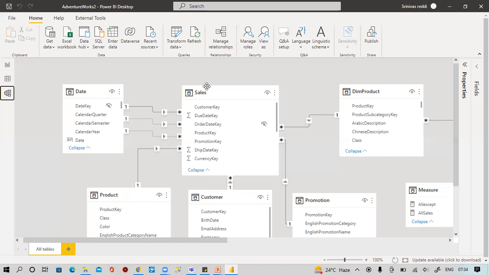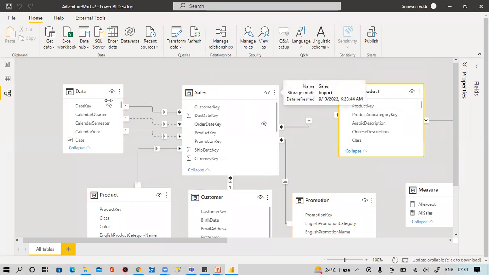Then coming to the definition. What is the star schema? If the fact table is directly related to all the dimension tables, then we can say it is the star schema. Eventually the interviewer will ask that, and he is also expecting the same answer. When the fact table directly connects to all the dimensions, then it is the star schema.